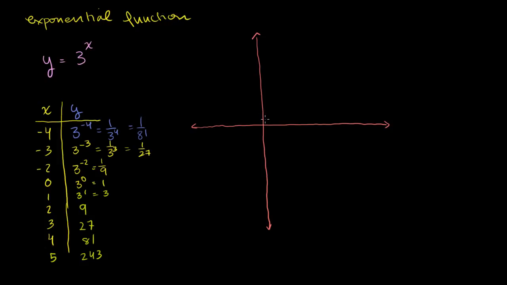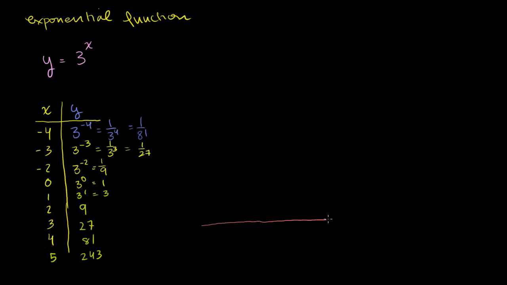Let me draw it a little bit differently than I've drawn it. So let me draw it down here, because all of these values, you might notice, are positive values because I have a positive base. Like that. Good enough. And then let's say I have 10, 20, 30, 40, 50, 60, 70, 80. That is 80 right there.